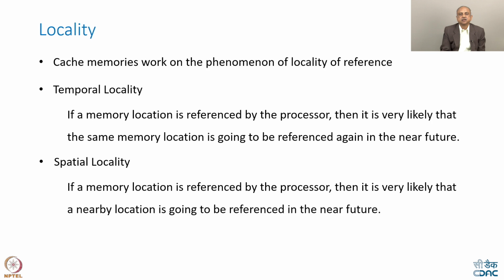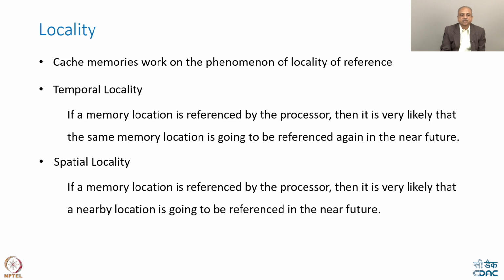For example, a loop has an index, like you write a statement like for i equal to 0, i less than 10, i plus plus in C. Every time the loop is run, the value of i is incremented, which means if the loop is executed 100 times, the value of i is going to be accessed and increased. Hence, it makes sense to keep this value of i in cache. This is what temporal locality guides us.